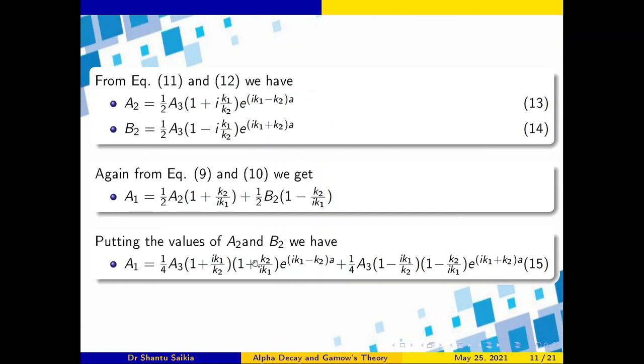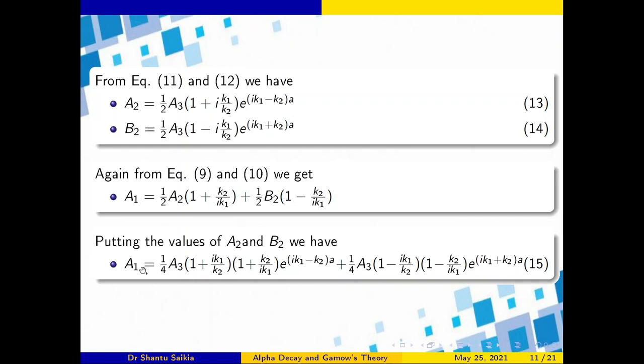This term we are putting equal to 0. The conjugate of A1 by A3 is 1 by 4 into e to the power i k1 plus k2a. So the conjugate of this becomes 1 by 4, 1 plus i k1 by k2, 1 plus k2 by i k1, e to the power minus k1 plus k2a.